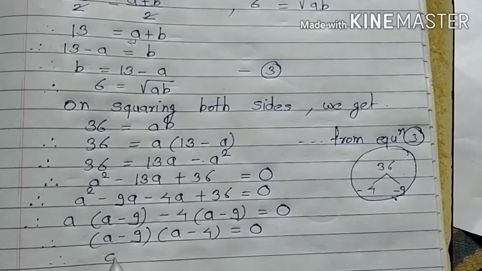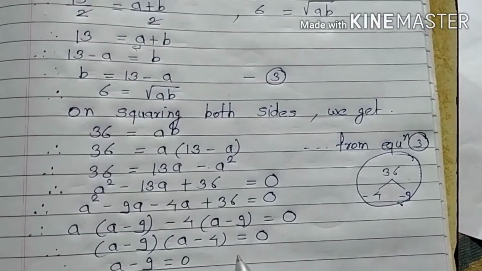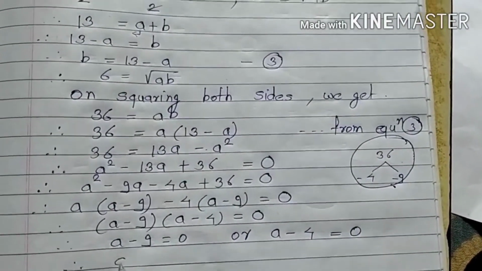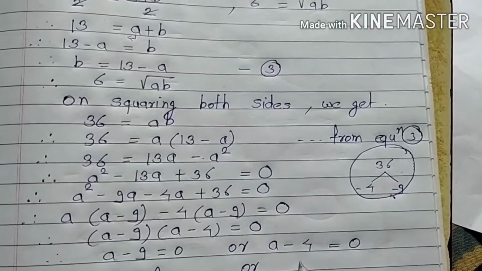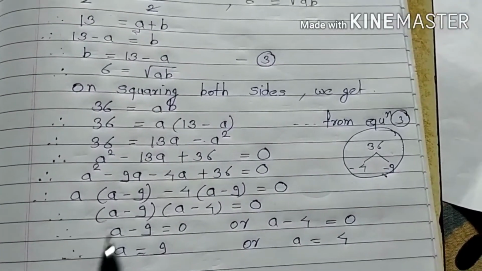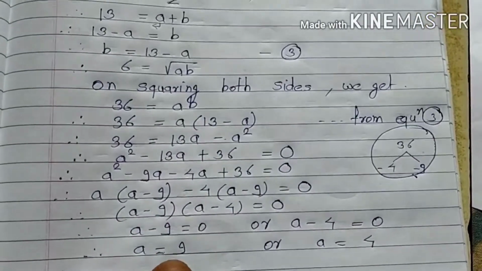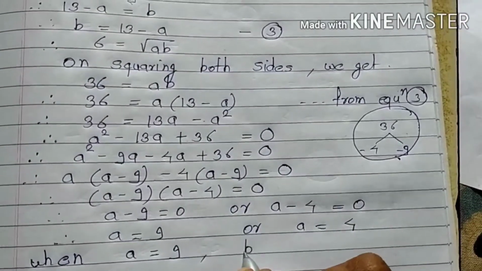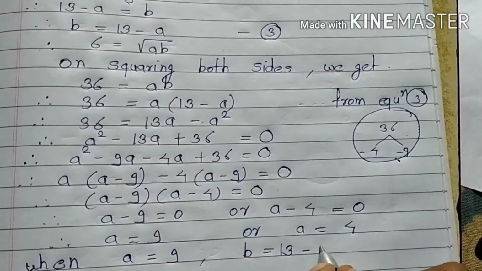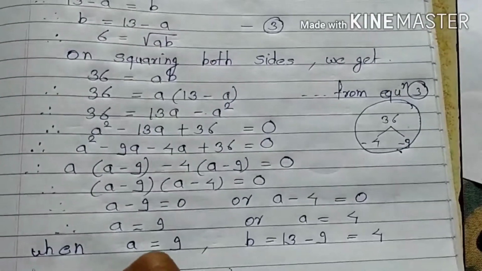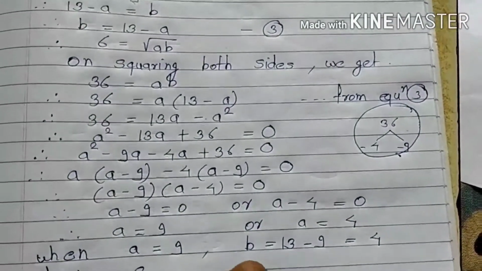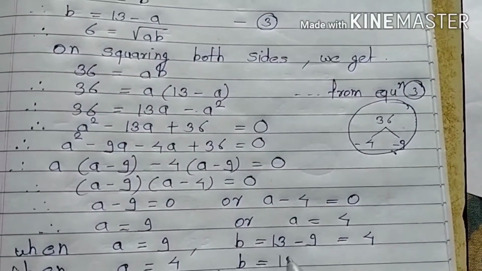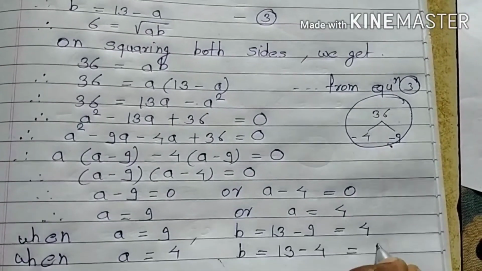So a − 9 is equal to 0, or a − 4 is equal to 0. Therefore a is equal to 9 or a is equal to 4. Now from equation 3, when a is equal to 9, b is equal to 13 minus 9, which is equal to 4, and when a is equal to 4, b is equal to 13 minus 4, which is equal to 9.